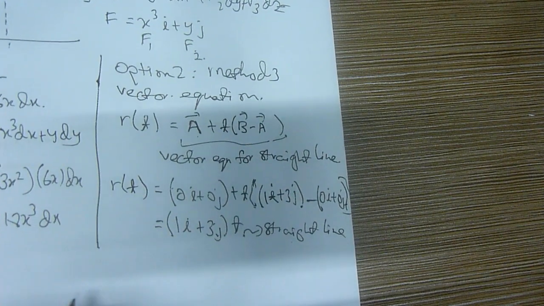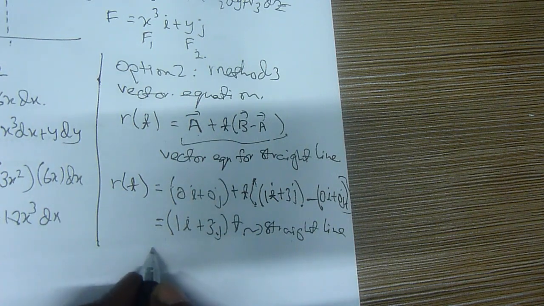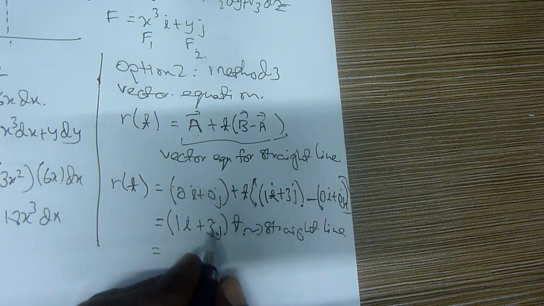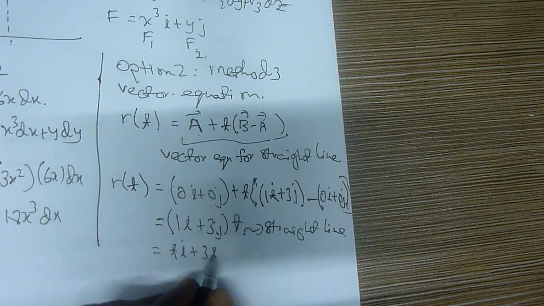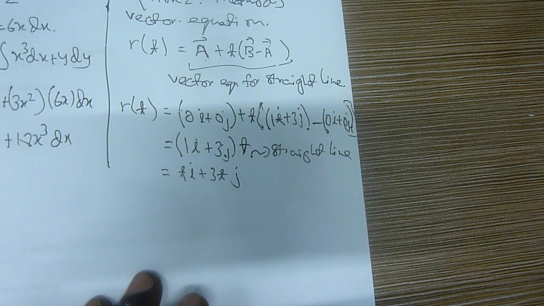If this is the case, you will get here t i, 3t j. This is the equation that you will get.